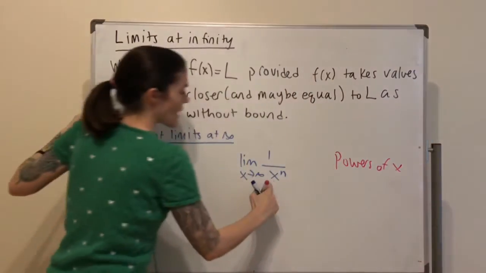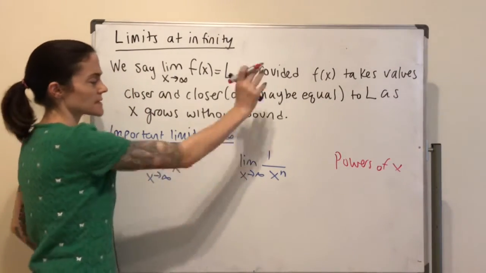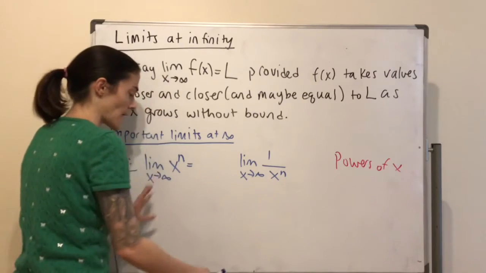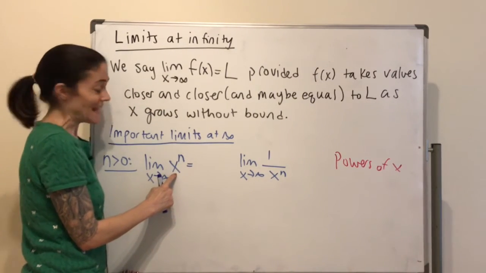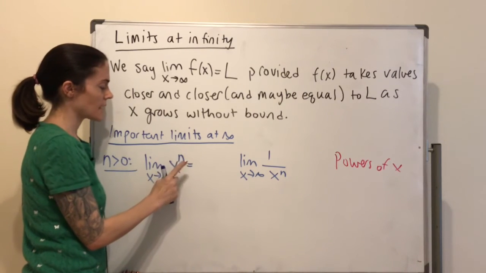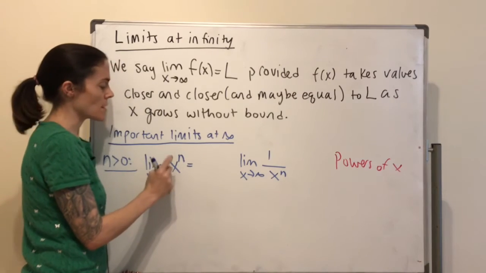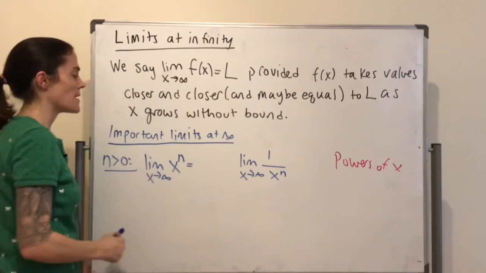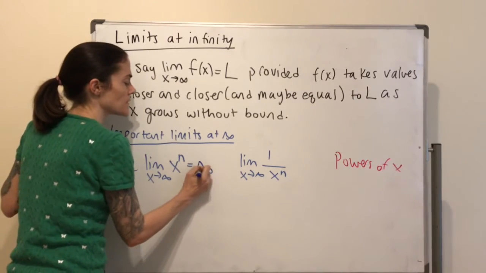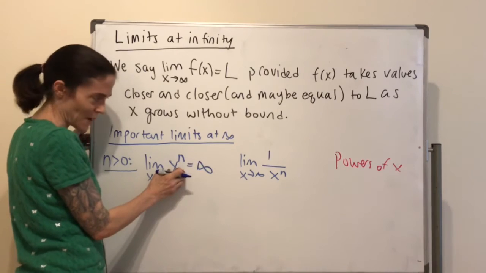And I could rewrite this as a negative exponent, as x to the minus n, but it's fine, I'll leave it like this. Well, here, n is bigger than 0, okay? And then you could look at the graph, for example, but x to the n will grow without bound. So this limit is infinity. This is growing without bound as x grows without bound.